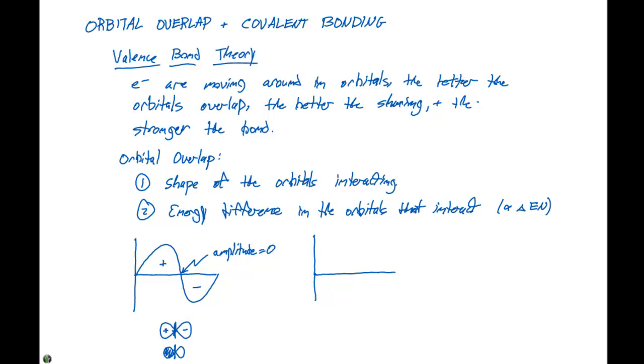So when we square this term, we get something that looks like this, because when we square a negative number, it's going to be a positive number. And this relates to the picture that we see in the book where the orbitals aren't shaded. We still have the node here in the center where the amplitude is 0, where the probability of finding the electron is 0. And this is all based upon the wave-like nature of the electron.